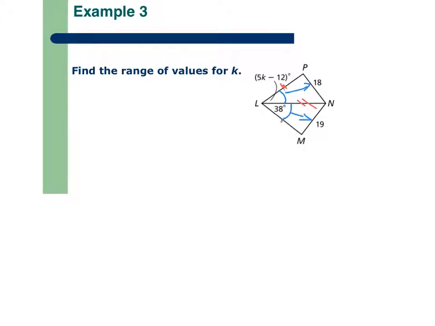So this third side, which one's larger, 18 or 19? 19. So that tells me that 5K minus 12 is going to be less than 38.